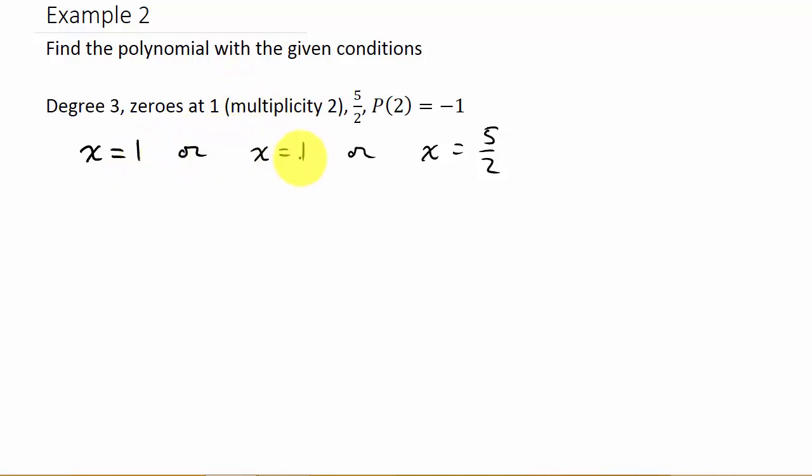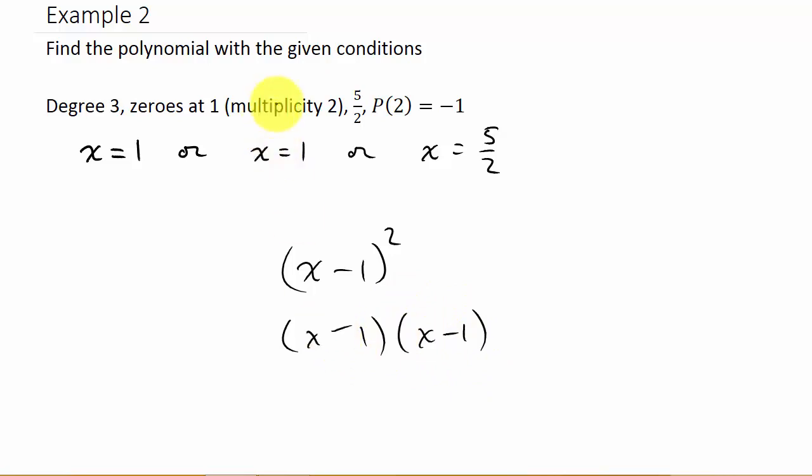If this were multiplicity 3, I would have x equals 1, x equals 1, x equals 1. Basically this factor is going to look like x minus 1 squared. It tells you how many factors.